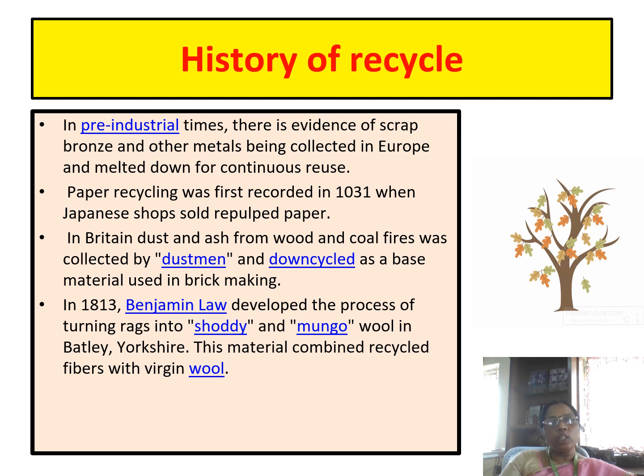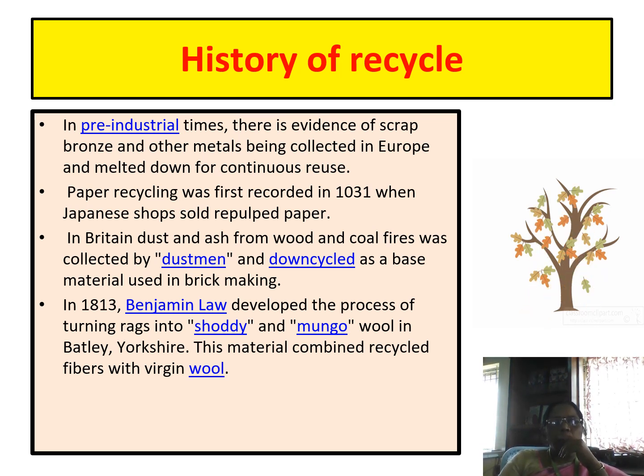In pre-industrial times itself, there is evidence of scrap bronze and other metals being collected in Europe and melted down for continuous reuse. Paper recycling was first recorded in 1031 when Japanese shops sold repulped paper.